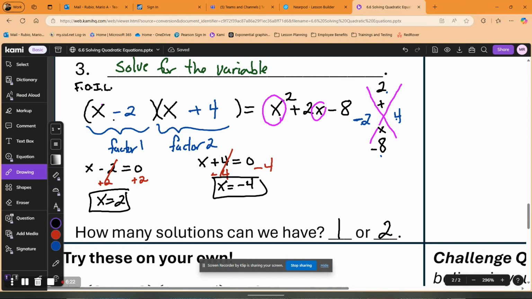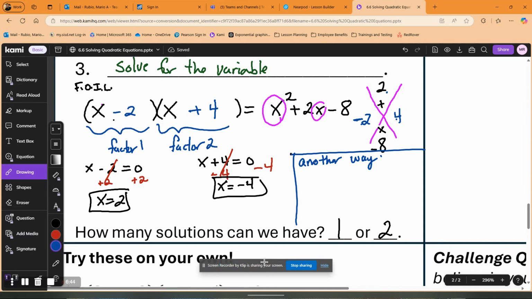Another way that you can solve, I'm going to put this here on the side. This says another. Let me write it a little bit more clear. Another way, besides x, to find the factors.